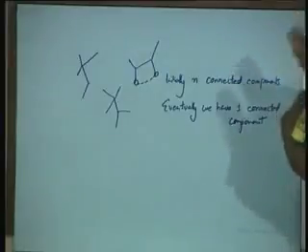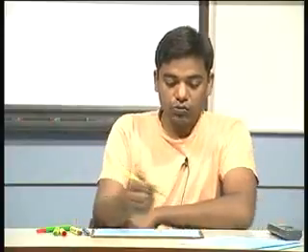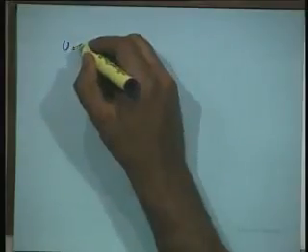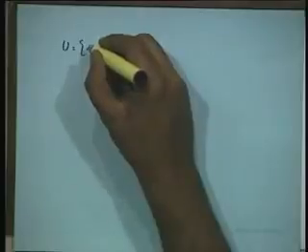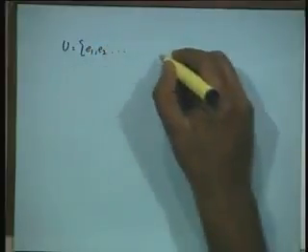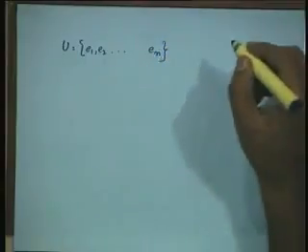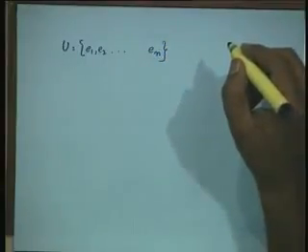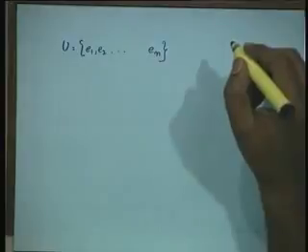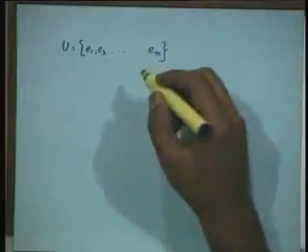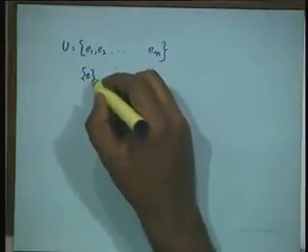So I am going to abstract this problem out and capture it as a problem on maintaining a collection of disjoint sets. What is the setting now? I have a universe of elements. Let us say I have elements E1, E2, up to En, n elements in my universe. Initially each of these elements is a set in itself.